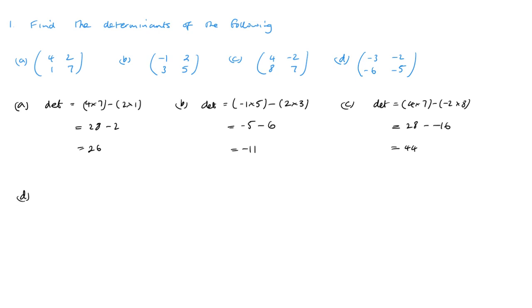And then finally D. So minus 3 times minus 5 subtracted minus 2 times minus 6. So 15 minus 12, and that is 3.